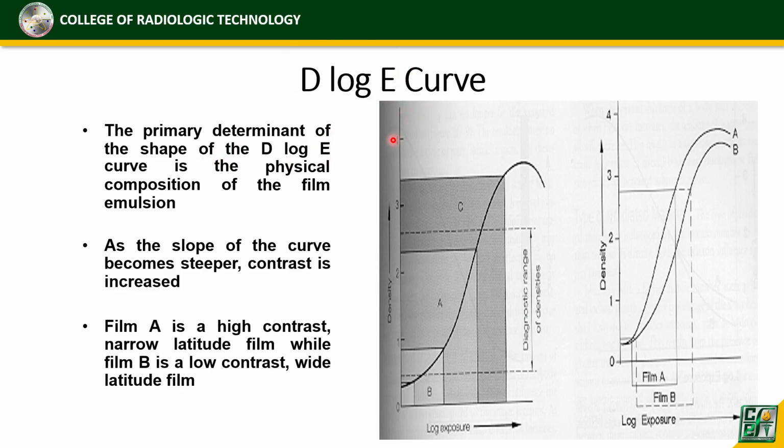So this sensitometric curve, ang primary determinant nito ay yung physical composition ng film emulsion. Okay? Bukod sa gelatin, ano ba yung component ng film emulsion? What is the component of the film emulsion?